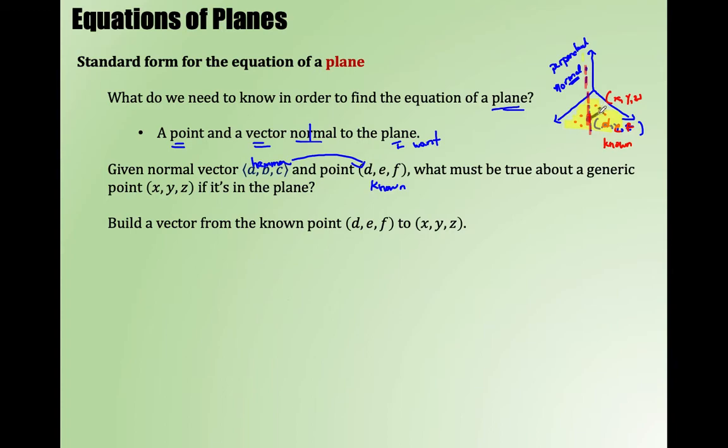What's true about the black vector and my hammer? They're perpendicular, right? Isn't that true if I chose this random point? As long as I go from my known point over to this point and create that vector, any vector radiating from my known point out to any xyz in the plane is perpendicular to the normal vector nailing my hammer.